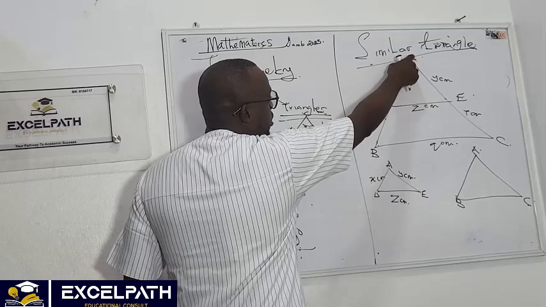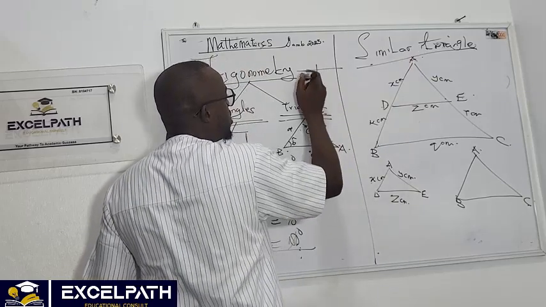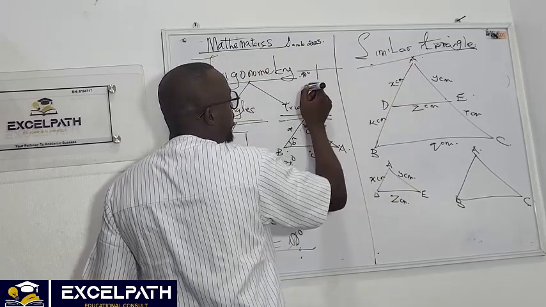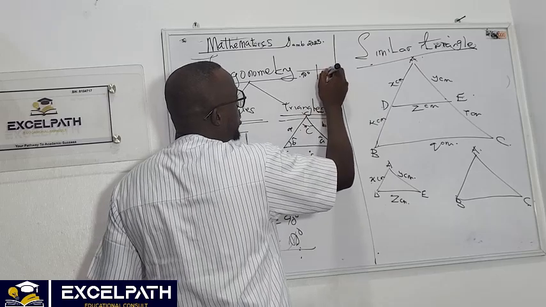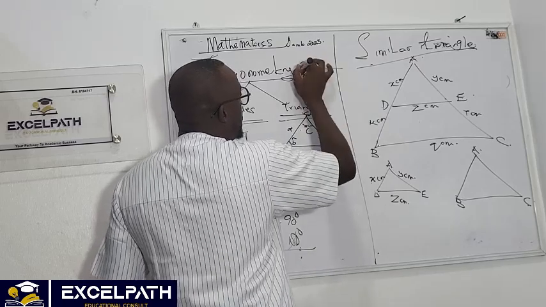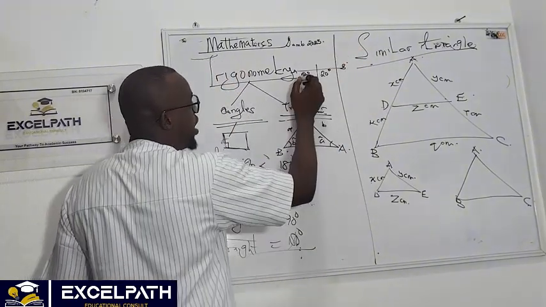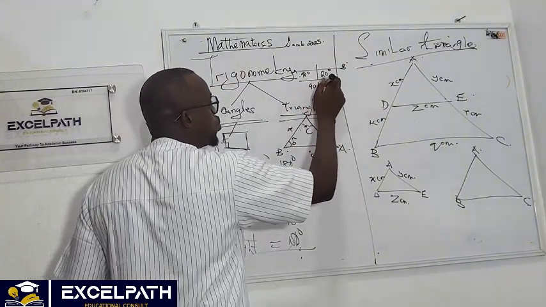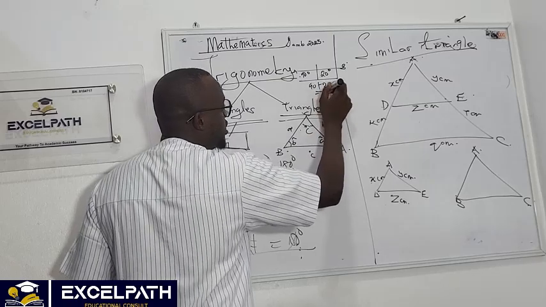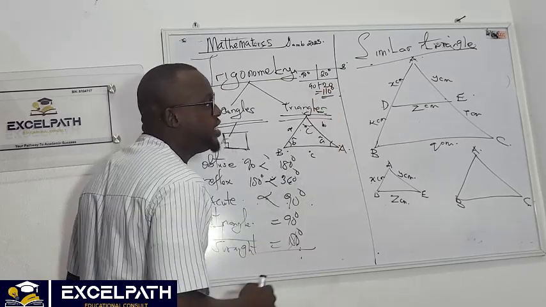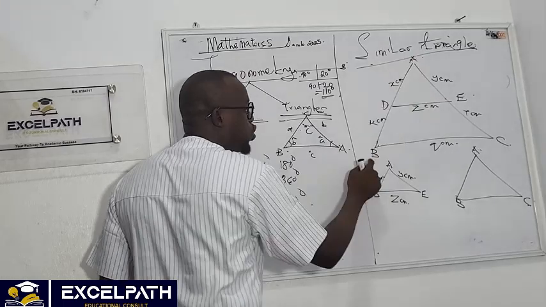That's a straight line. So you have a straight line like this, you have 90 degrees, right? You have 20 degrees. What will be the total from here to here? The total from here to here will be 90 plus 20, which is 110. So what is the total from A to B?